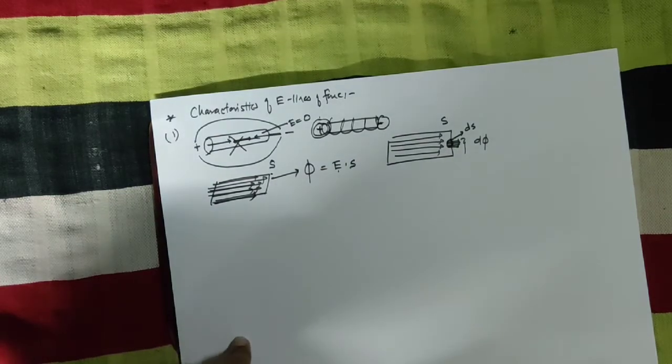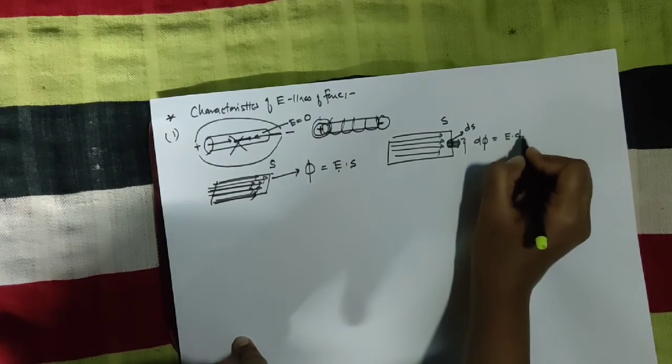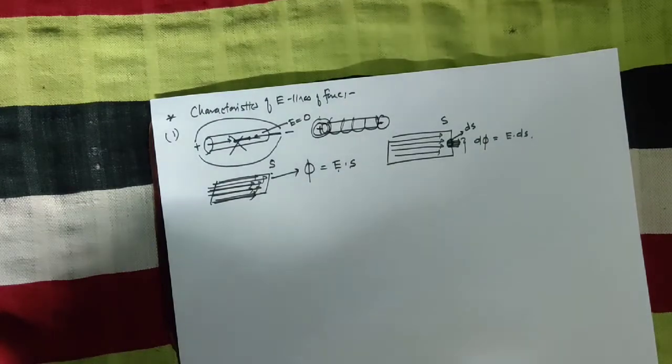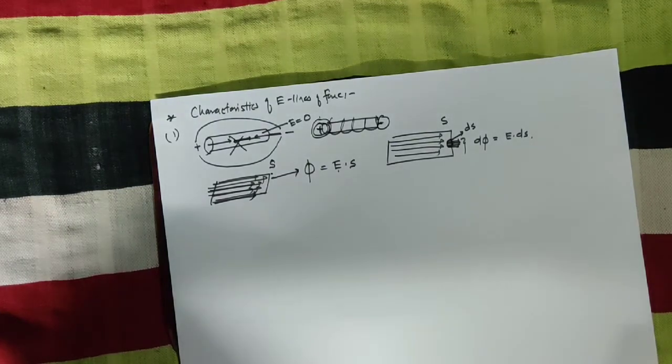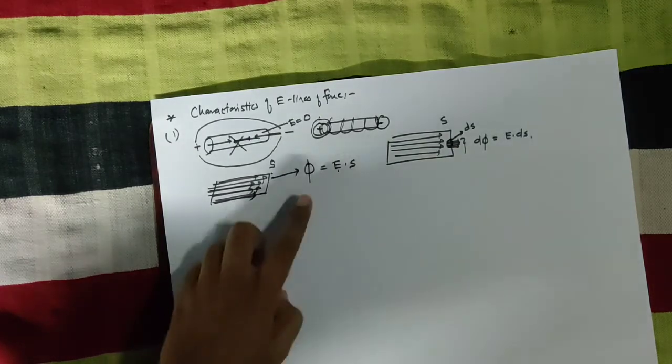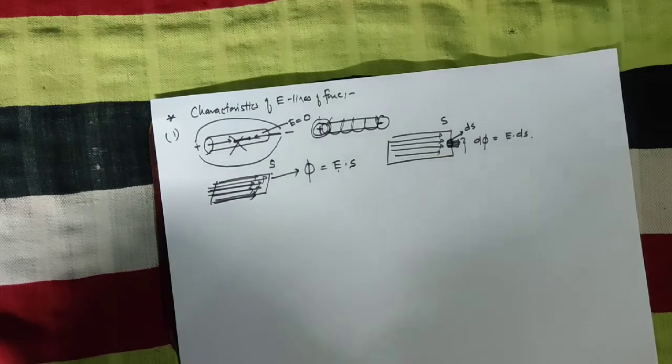That is called small electric flux, which is nothing but E into ds. So d phi is equal to E into ds. And if we consider the total surface area, then the electric flux is E into S. Depending on the electric flux, Gauss law is defined.